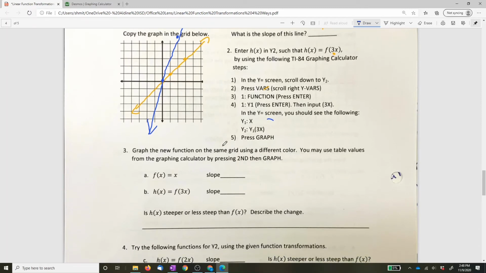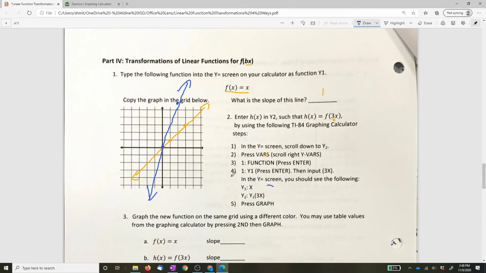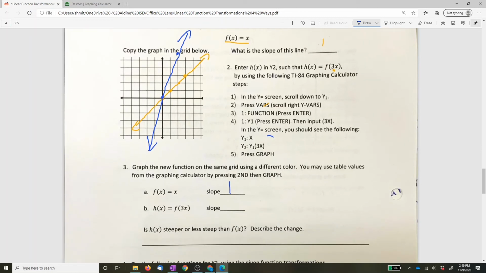Okay, we graphed it. Now let's just see how things changed. The slope of the original one was 1. The slope of the new one, well, here's 2, 6, and here's a 0, 0. Let's do 6 minus 0 over 2 minus 0 to get 6 over 2, which is 3, and that was m equals 3.